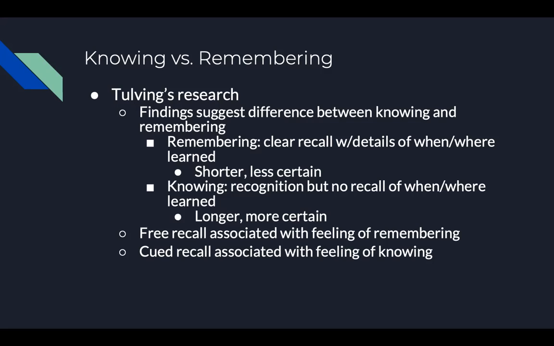And so research then shows that it actually takes less certainty to have the feeling of knowing in comparison to remembering. So again, on a multiple choice test, you might be really certain, right? Of like, yeah, it's definitely C. But again, you're like, well, I feel like this is the right answer. That's what I'm gonna go with.